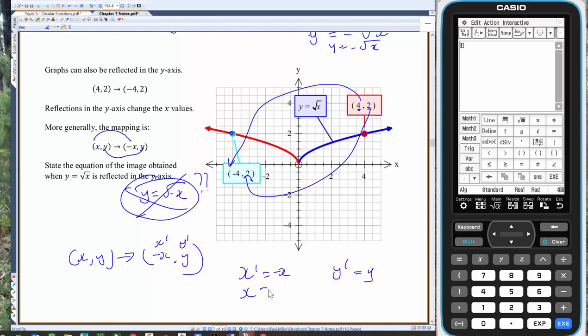That's going to mean that x equals negative x dash, and now we're ready to substitute. So that's my original function there, and y dash equals root negative x dash, or y equals root negative x.